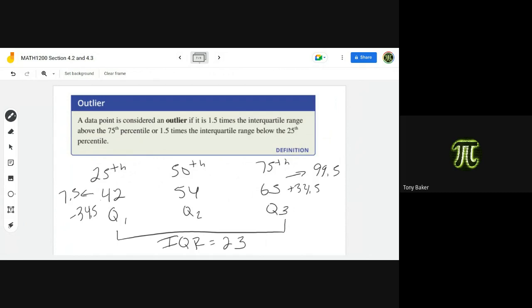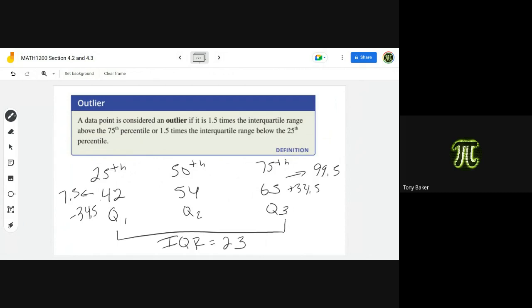Okay? When it comes to tests and stuff, are we going to have to combine things, like finding the outlier and then going in and getting rid of it? No. I mean, I probably could do it. Honestly, if I was going to ask a question like that, I would say, here's a data set, create me a box and whisker plot, find any outliers, which you would have to do. That's all basically we just did here.